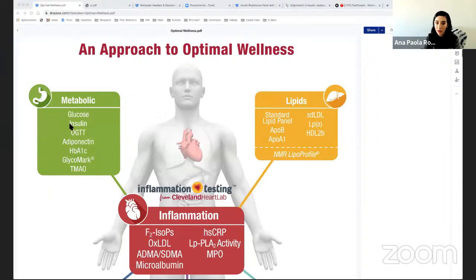Something else about adiponectin is that it can be like a protectant, and it can prevent cancer, and it has anti-tumor activity. So it's very important.